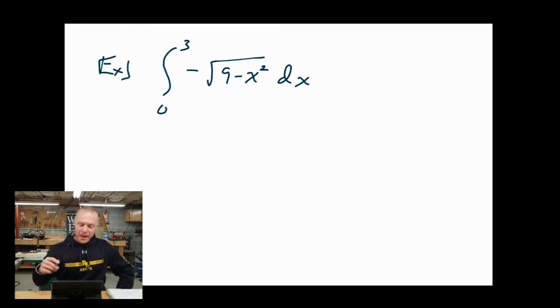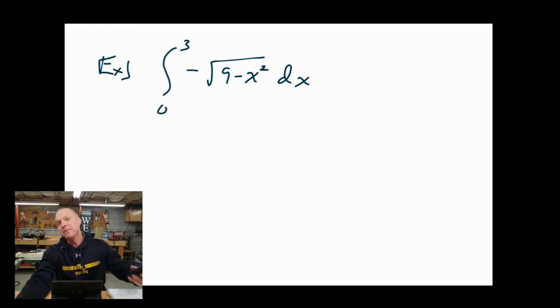So how about this? The integral of negative the square root of 9 minus x squared from 0 to 3. All right, well, like I just said, it's visual. So type it in your calculator. Make sure you do this because I want to know if you're able to see the area that this problem is describing.